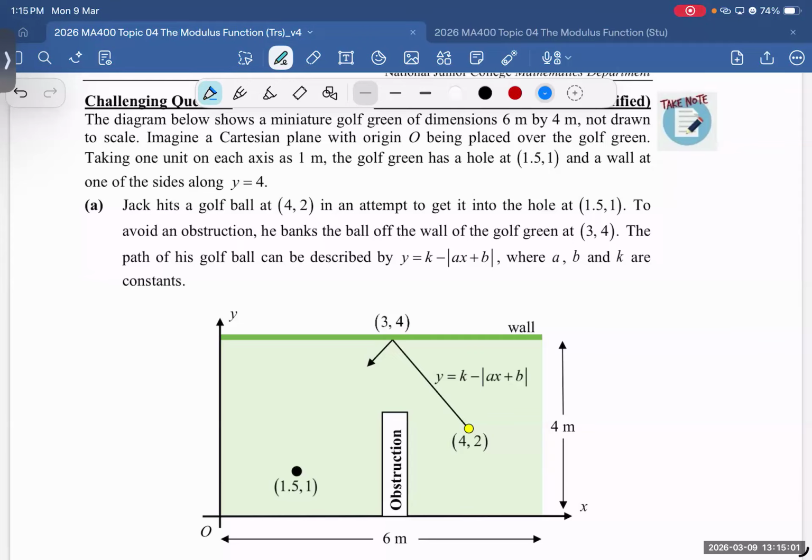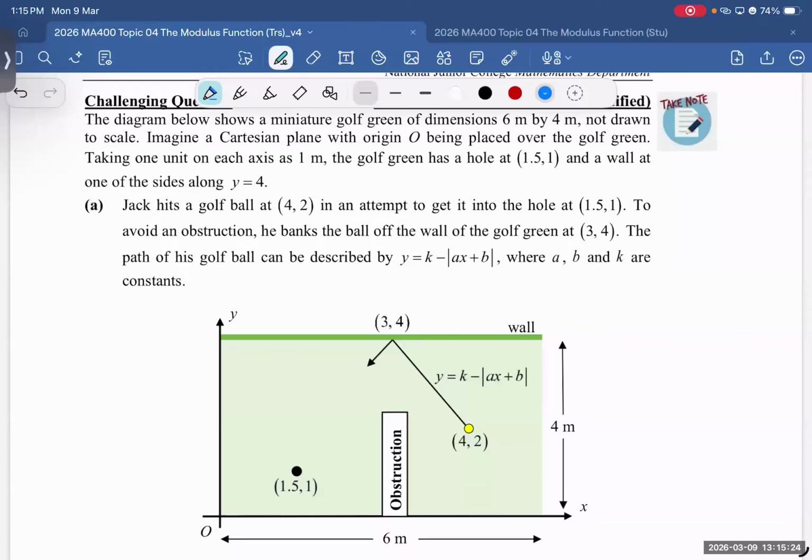Will your A have two values or one value? Could be two, right? Because your A here is inside a modulus. You don't know if it's positive or negative. A could be 2 or A could be negative 2, right?